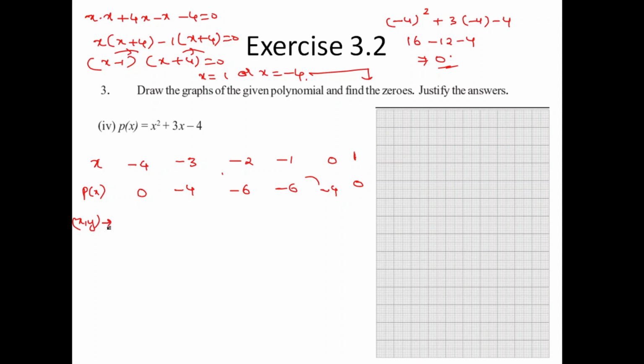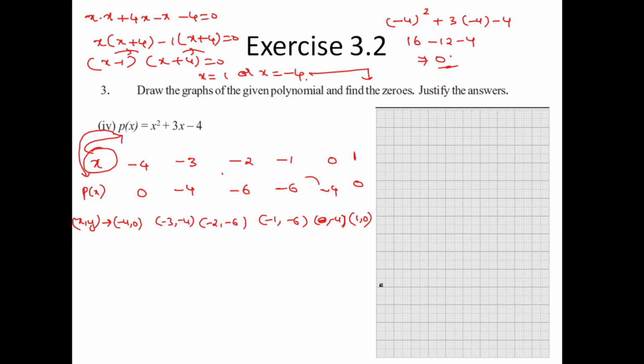The resultant is minus 4 comma 0, minus 3 comma minus 4, minus 2 comma minus 6, minus 1 comma minus 6, 0 comma minus 4 and 1 comma 0. You need to substitute the values of x in this equation to get these values.